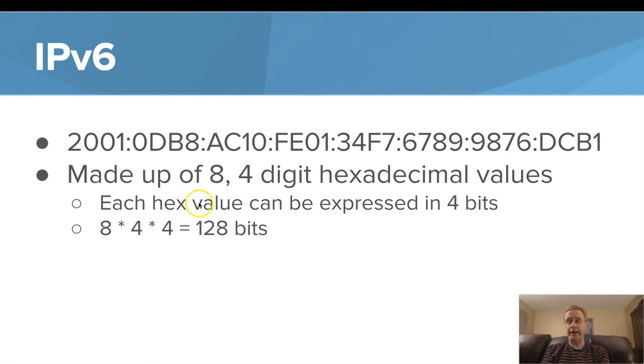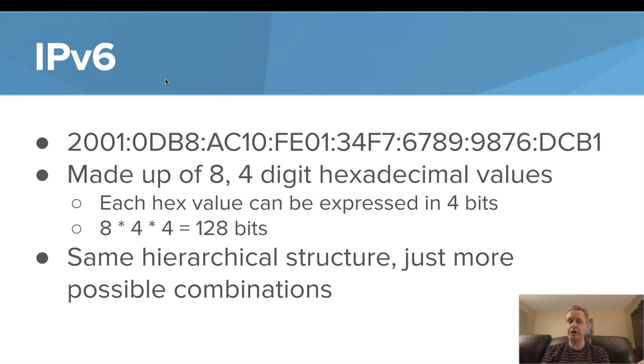And remember that I just said that each hex value can be expressed using 4 bits. That's where we get these 128 bits, because again, there are 32 of these hexadecimal digits, and each hexadecimal digit can be represented by 4 bits. So that's the 128 bits, which means that, again, we can store 2 to the 128 possible IP addresses, which is a tremendous amount and should allow IPv6 to be able to store all the IP addresses that we have over the internet.